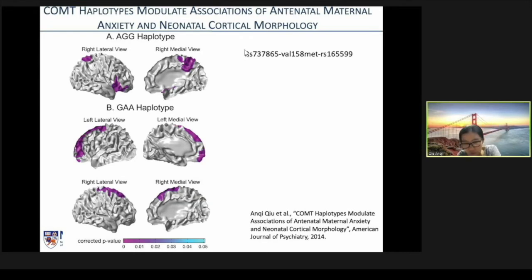So you can see the regions involved are much larger than what we saw before using individual SNPs. But in addition, statistical power in terms of p-values is much stronger.